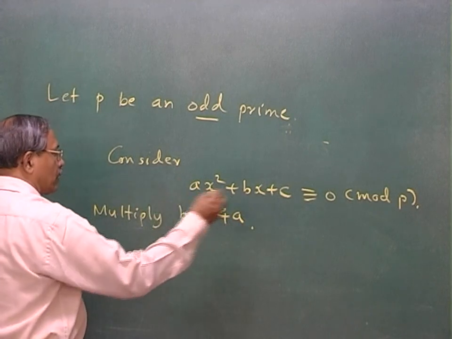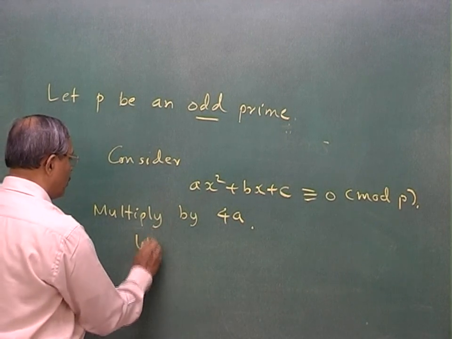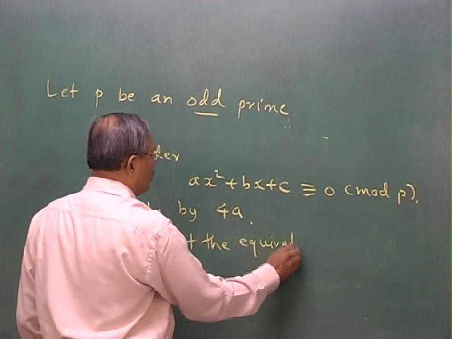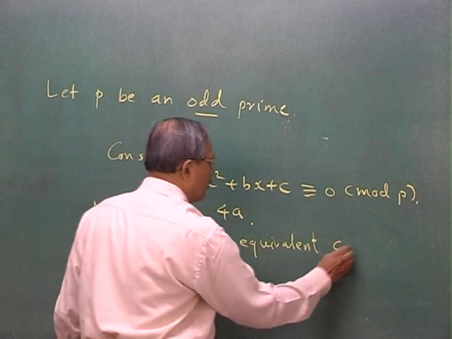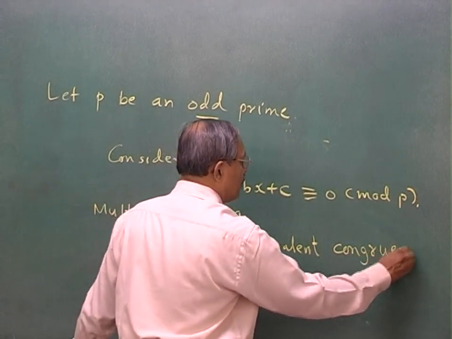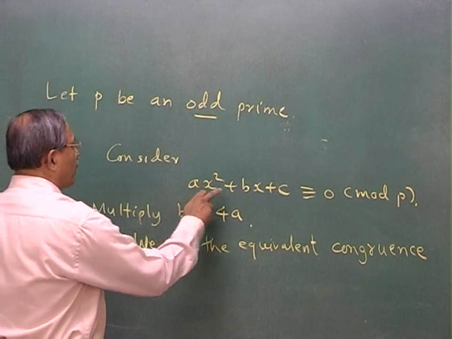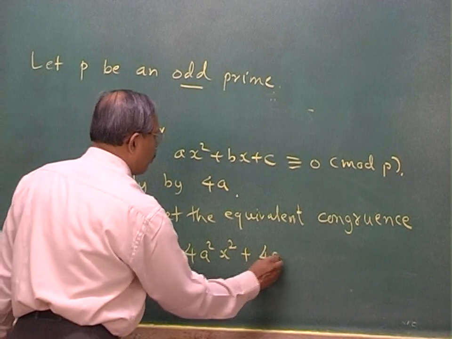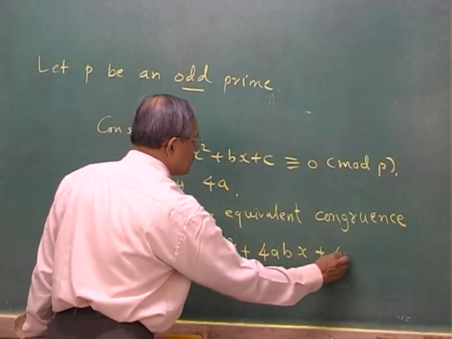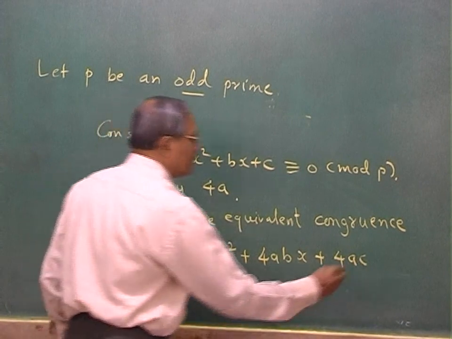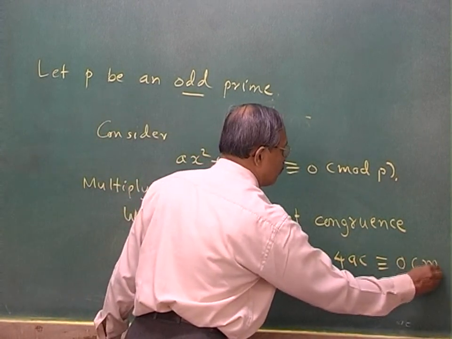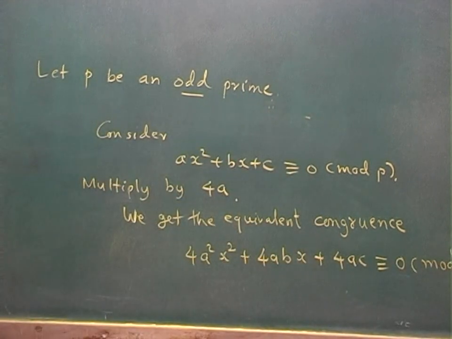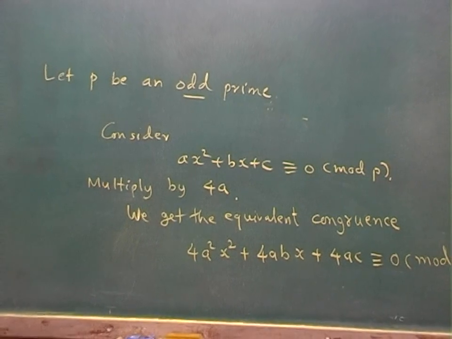We get an equivalent congruence: 4a square x square plus 4abx plus 4ac congruent to 0 mod p.